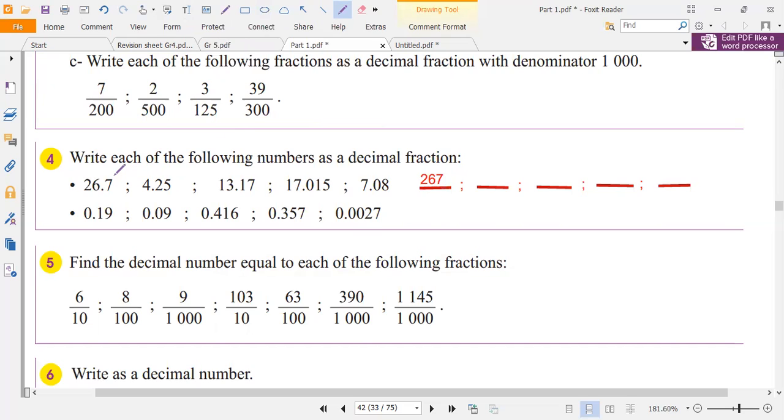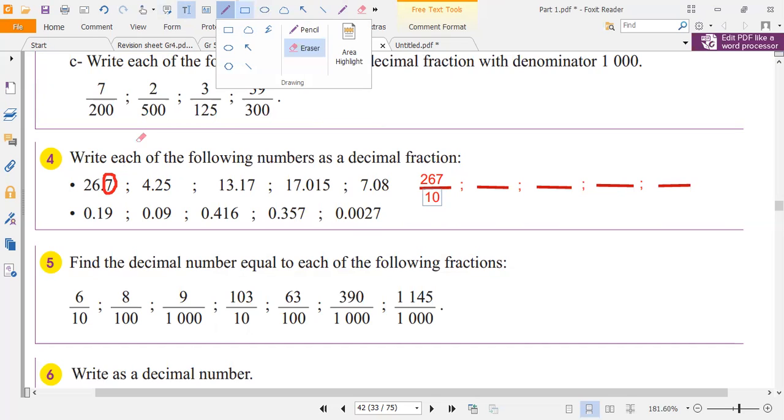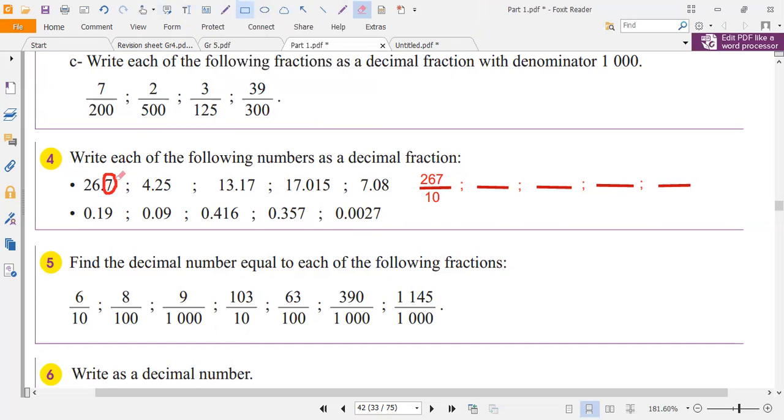Look, here we have one digit after the point, so we have 10. We have to write in the denominator 10 because 10 has one 0 because we have one digit after the point. So it is 267 over 10.